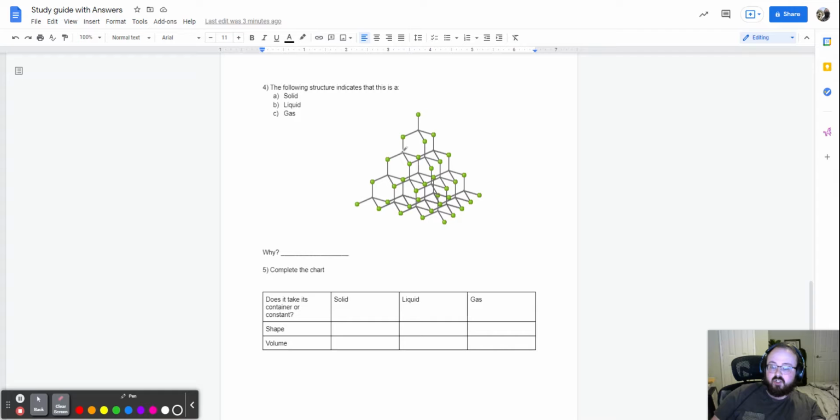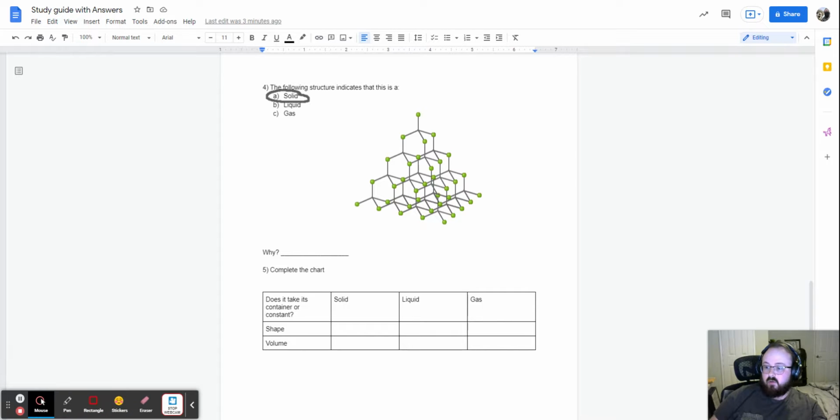But we notice that it's in this geometric shape. It takes almost like a little house, where you have a center in the middle. It's reoccurring and there's a pattern. This would be a very structurally sound structure. This thing is rigid, and we know that something that has this rigidness is going to be a solid.